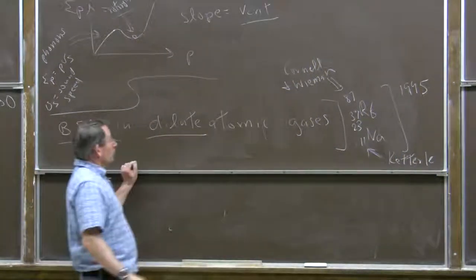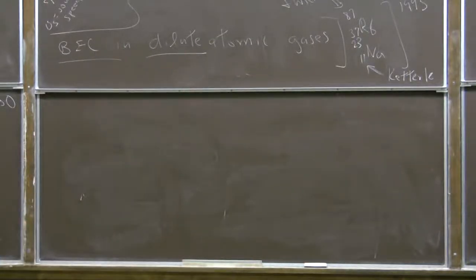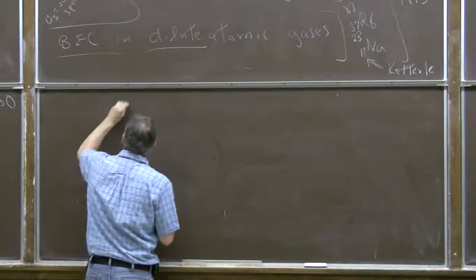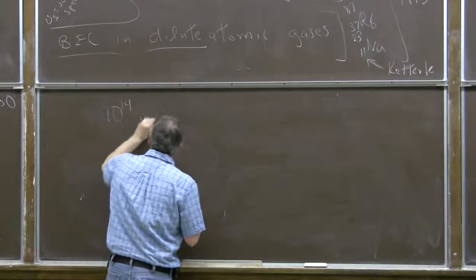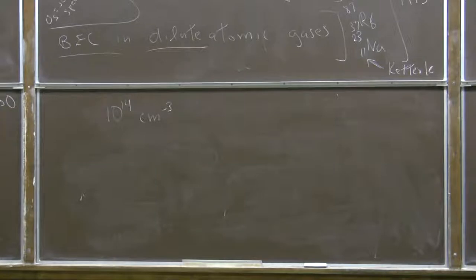Now, what do I mean by dilute? I'm talking about a very cold atomic gas with a density of about 10 to the 14 atoms per cubic centimeter. Okay, so much more dilute than liquid helium.